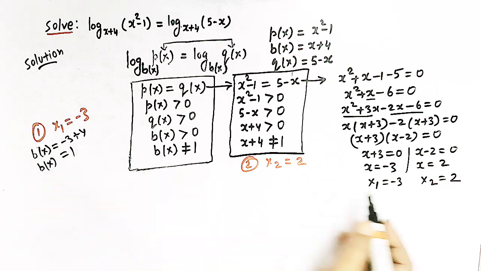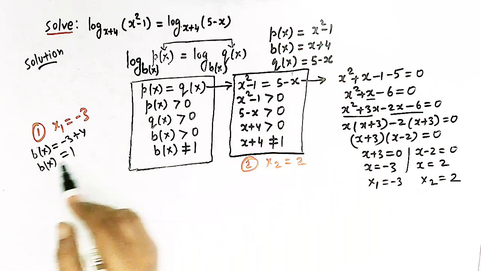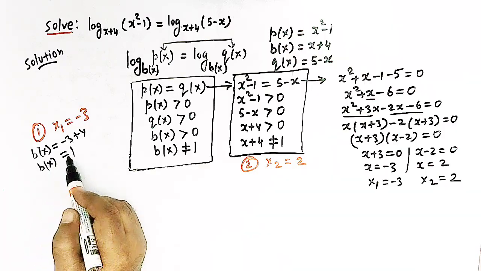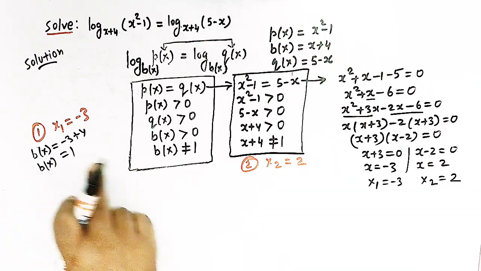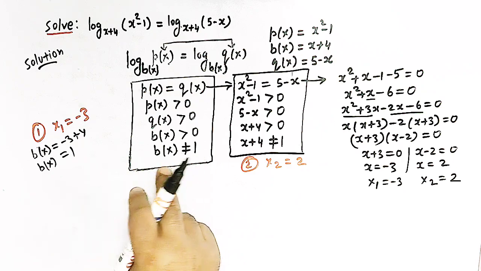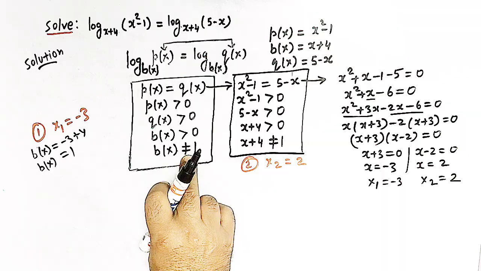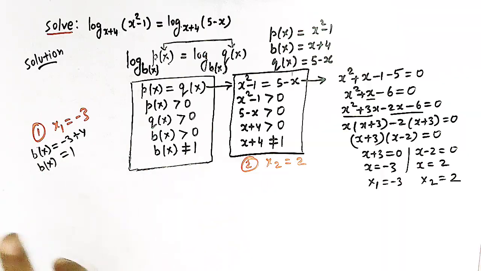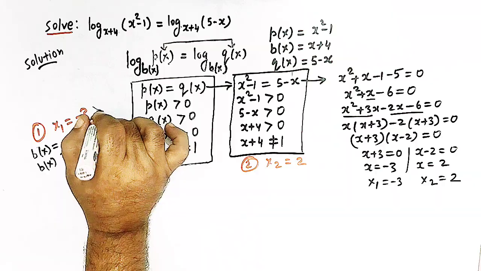But here while putting x is equal to minus 3 in this expression, we are getting b of x is equal to 1, right? And this is against this condition, because we should have b of x not equal to 1, but here we are getting b of x is equal to 1. So we have to discard this solution.